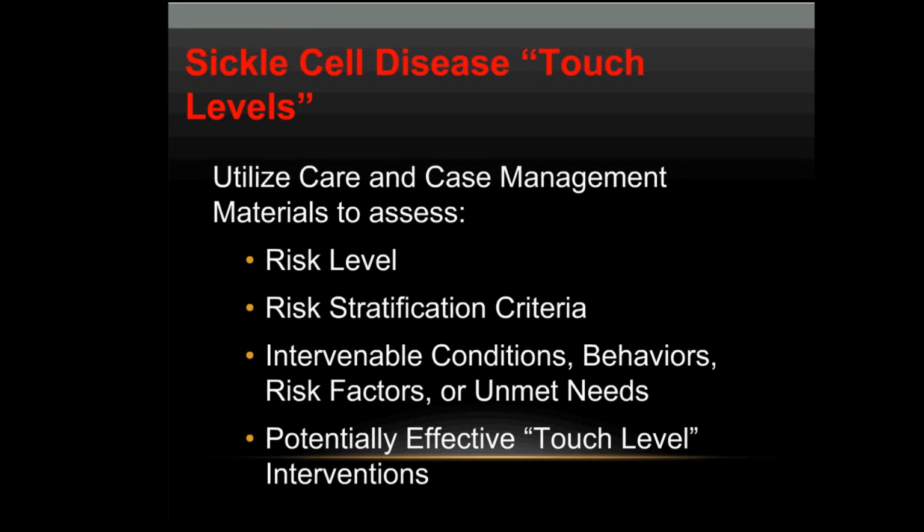Are we doing poor me? Oh, I can't do anything, or things aren't going well, so I'm not going to do anything? Or are we working to try to do self-management and optimize our health? You want to look at risk factors and or unmet needs. So again, when you're thinking about this comprehensively, you think about what's going on in school, what's going on at home, what's going on as far as their potential career goals.